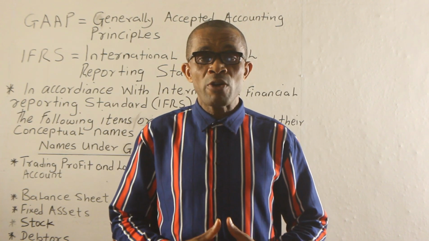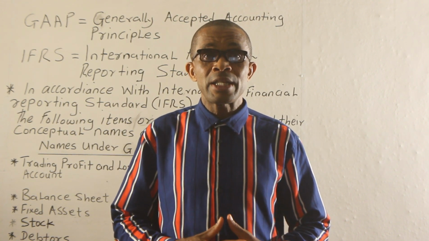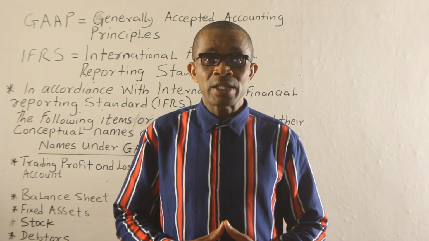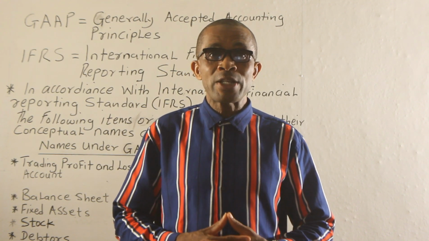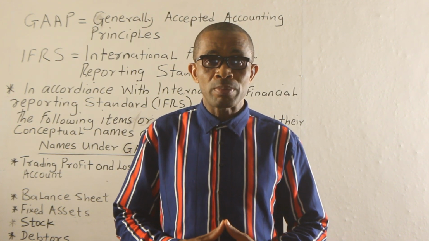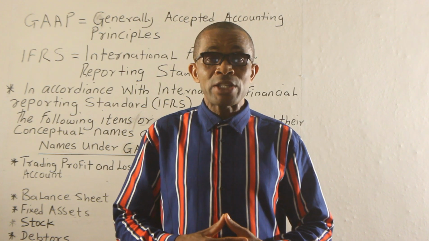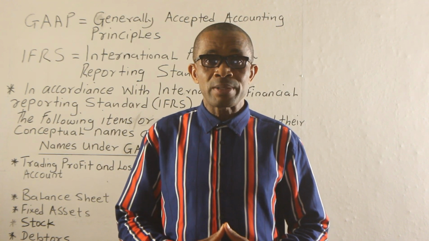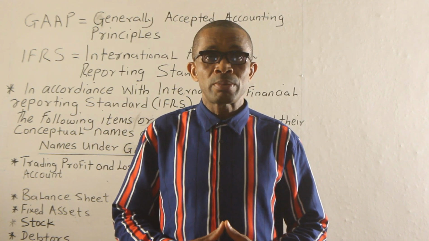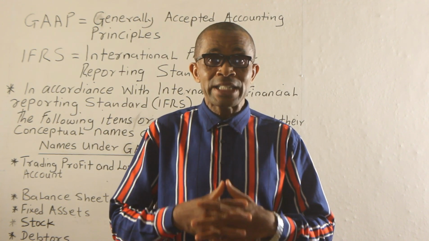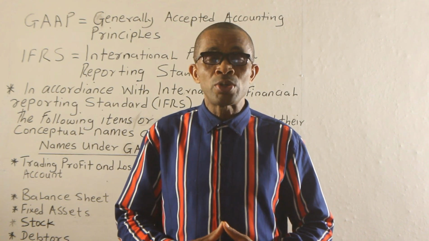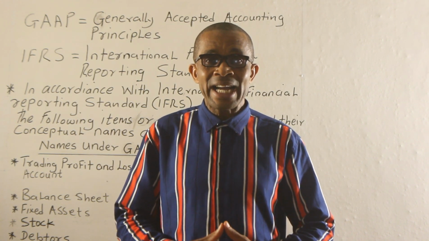A complete set of financial statements is made up of the following: an income statement, which can be called a statement of profit or loss account and other comprehensive income; a statement of changes in equity; a statement of financial position; and a statement of cash flow. For our foundation knowledge, we can include notes to the accounts.